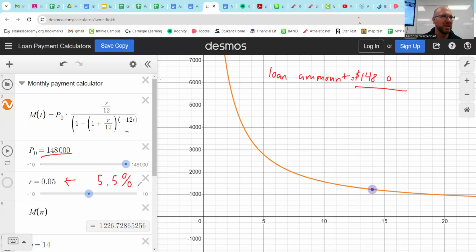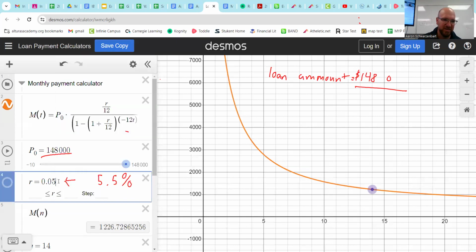What must R be then? I have to move it 2 places on the decimal, correct? Yeah. So that's 0.055. There, I just changed that. My rate went up, which means my amount goes up.